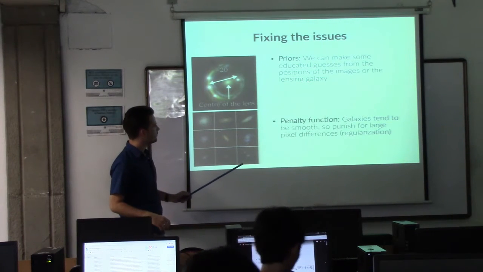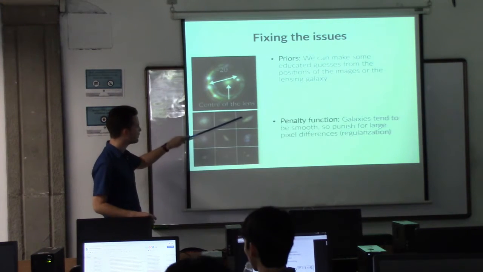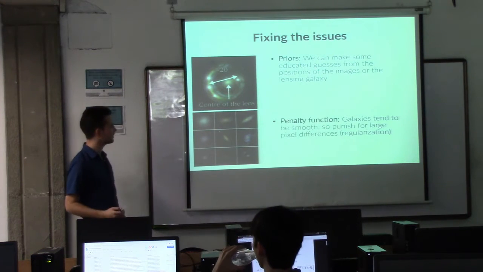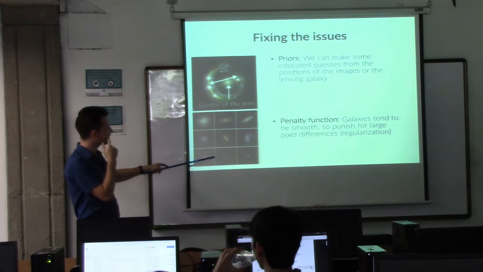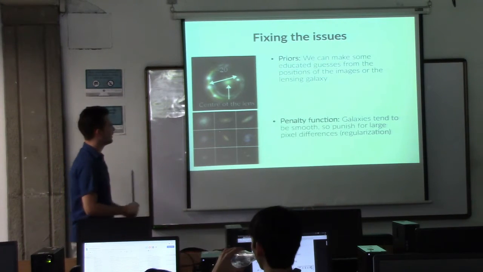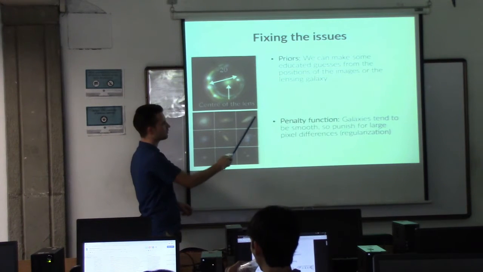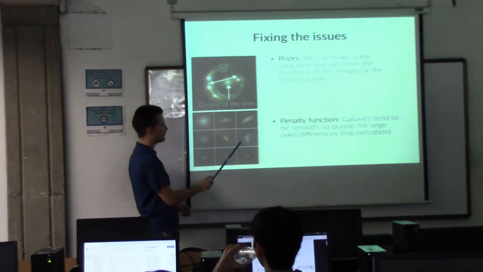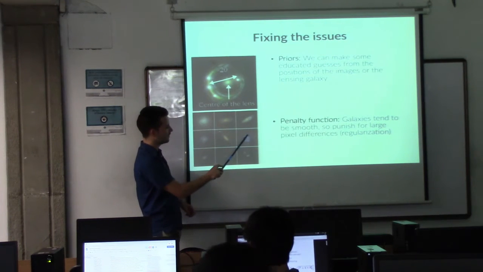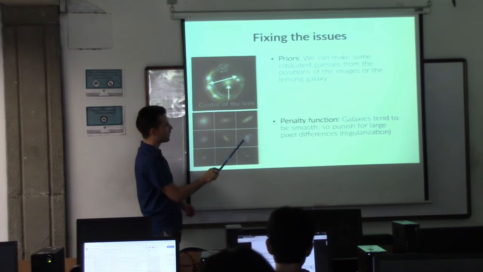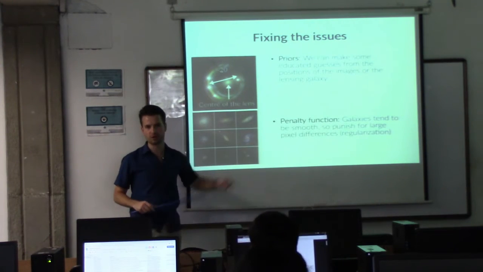Or you can introduce what is so-called the penalty function. So these are images I took from the Galaxy Zoo, from the SDSS survey. And you can't see much happening here. But basically what you are supposed to take from this is, this looks like a sort of blobby with some bright stuff in the middle, blobby with some faint spiral arms, but they are kind of smooth overall.